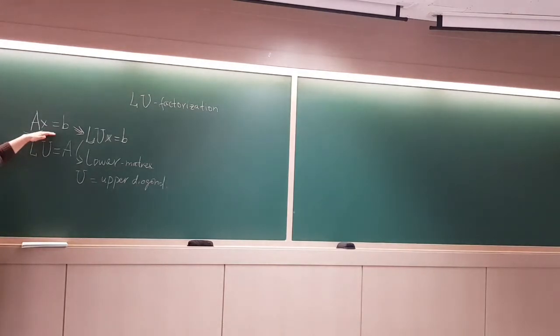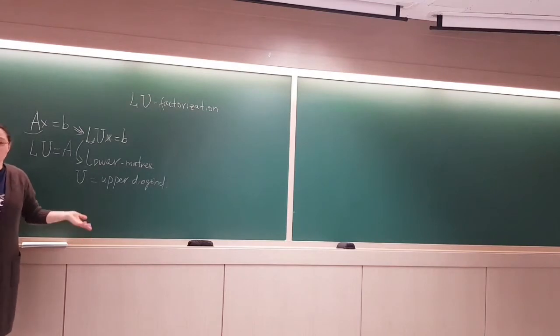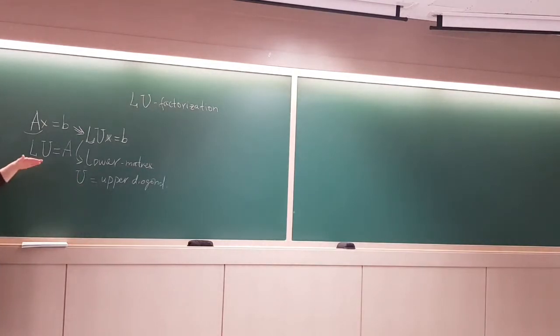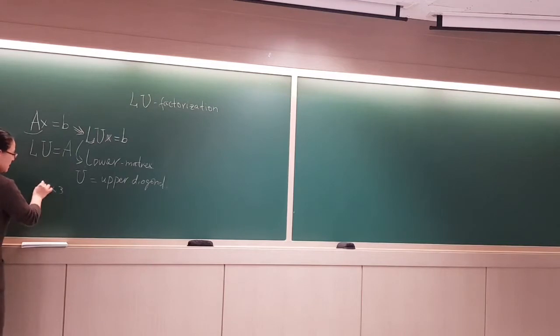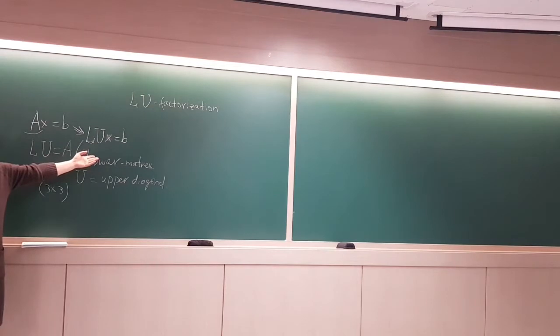You can ask why we still need to divide the A matrix into two. We can directly take this A matrix and solve it, right? Why do we need this? For example, for you maybe it's easy if you have 3 by 3, no need to divide into LU.